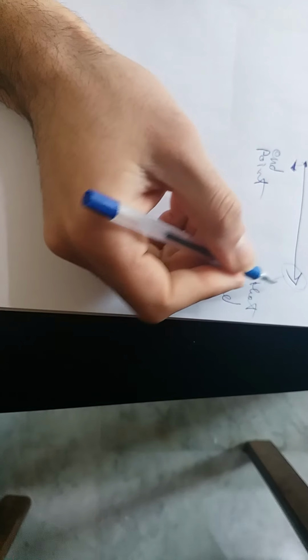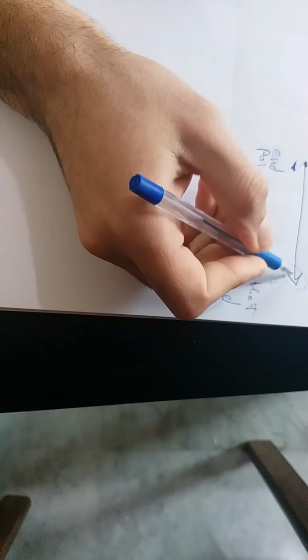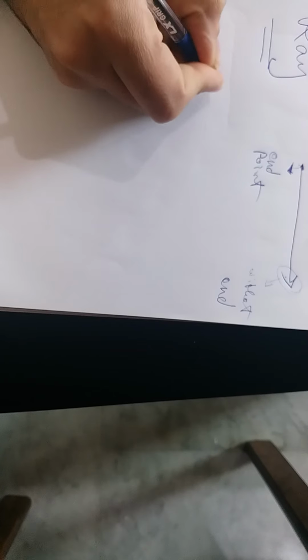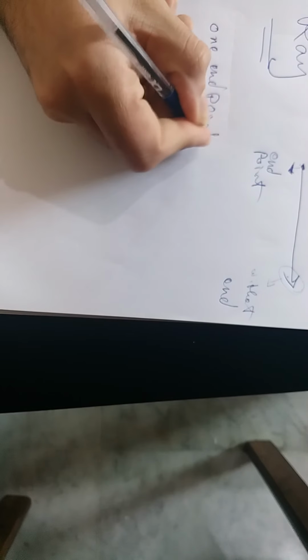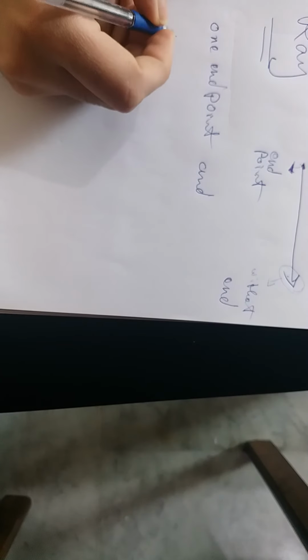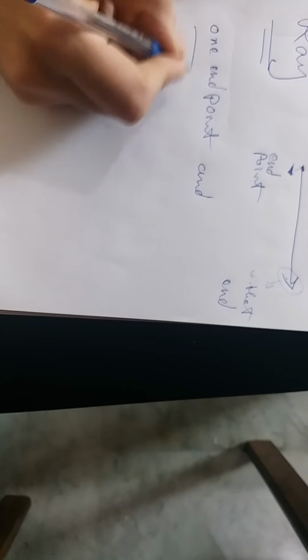If I have an end point on one side and no end point on the other side, this we call a ray. A ray is a part of a line that has one end point and continues without end in one direction.